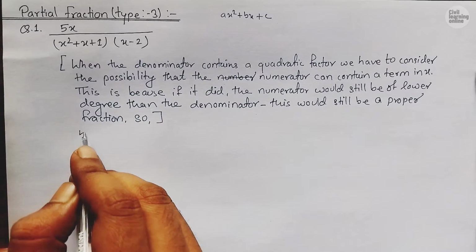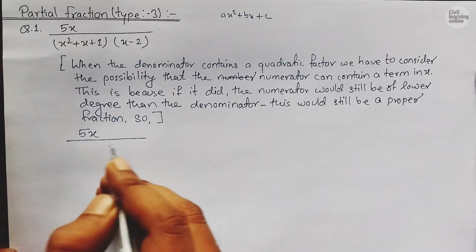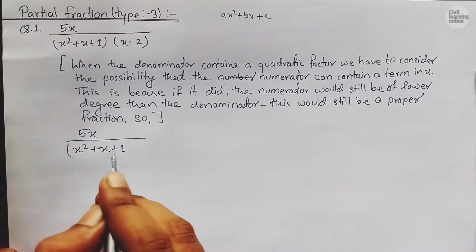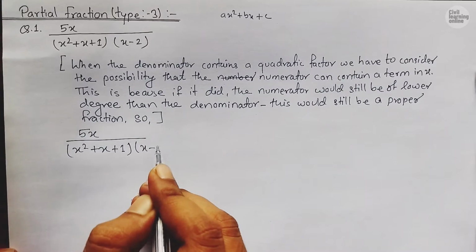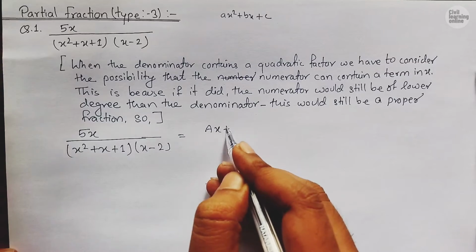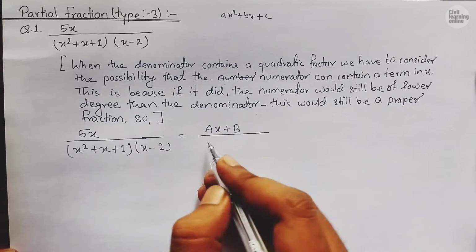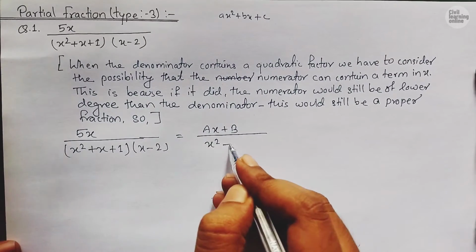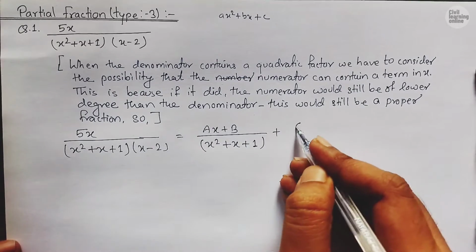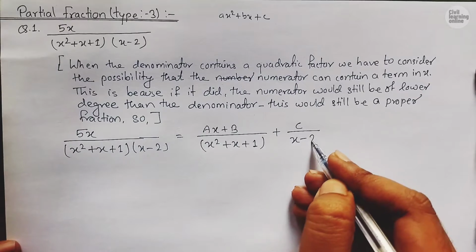You can see here we have 5x upon x square plus x plus 1 times x minus 2. So we have to consider that it is ax plus b upon x square plus x plus 1 plus c upon x minus 2.